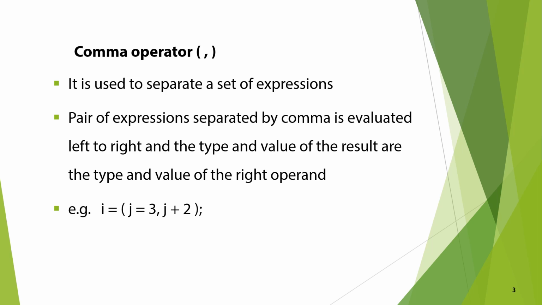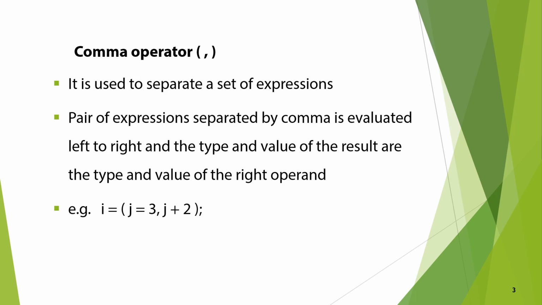For example, there are two expressions on the RHS which are separated by a comma. Therefore, they will be evaluated from left to right. Here the value 3 will first be assigned to J, that is, J is equal to 3.